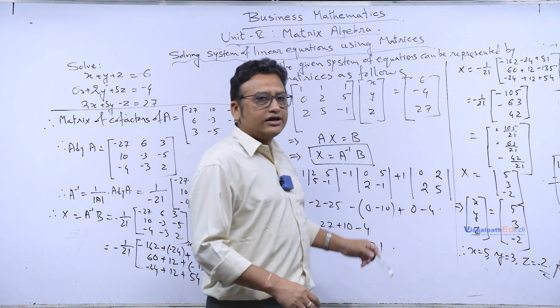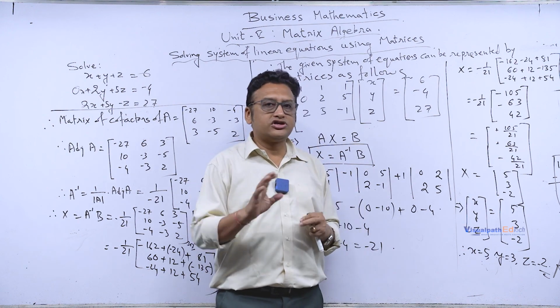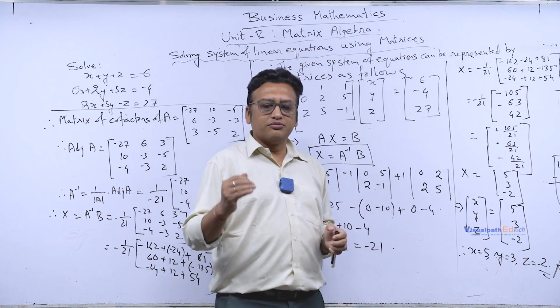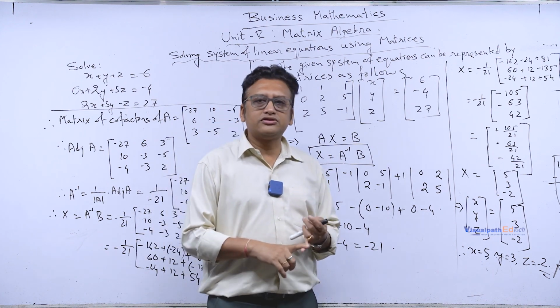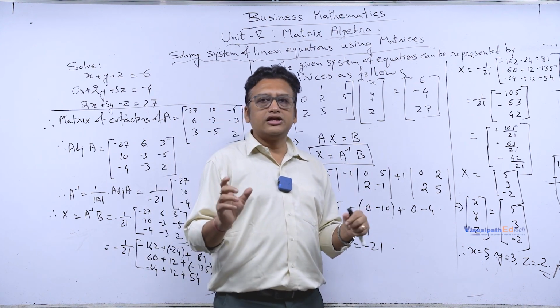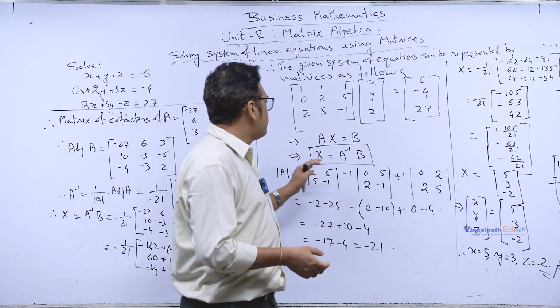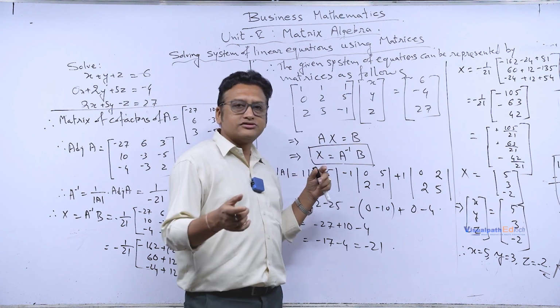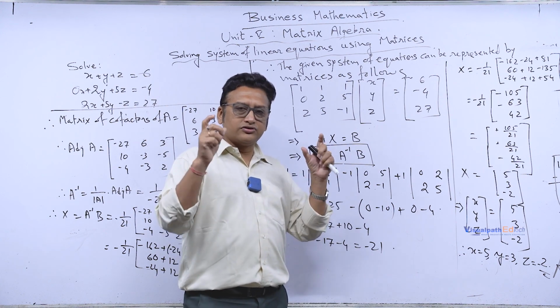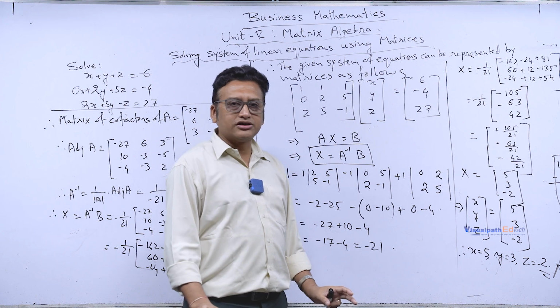These are lengthy steps, not tricky sums, not difficult sums. But the steps are lengthy because there are a lot of things you have to do. First, you find out the matrix of coefficients, then you name it as A, and then you form the matrix equation, which is AX equal to B. After that, you get X is equal to A inverse B. Then you follow the steps to find out the inverse of the matrix.